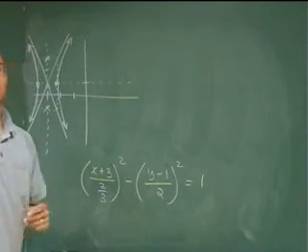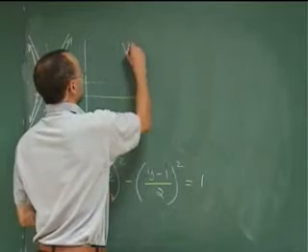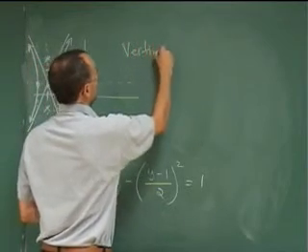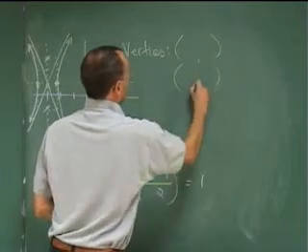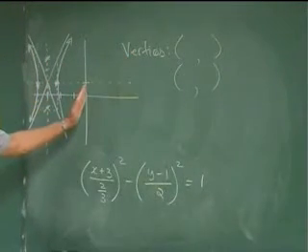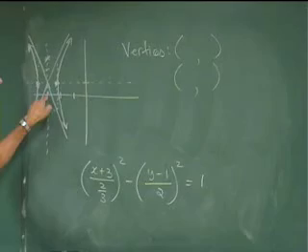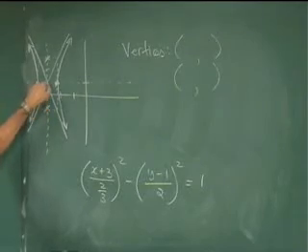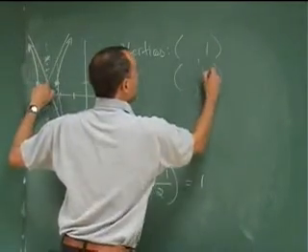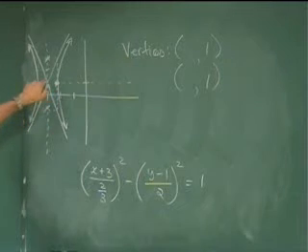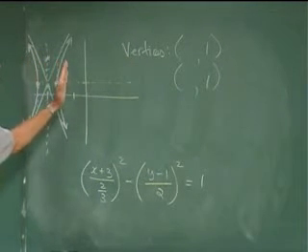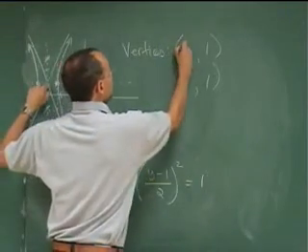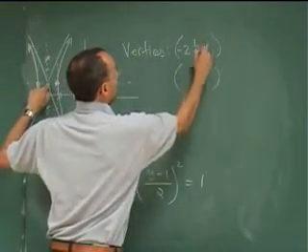Okay, let's rattle off some of the important information like the vertices. The center here was 1, 2, 3 to the left and up 1. So I know the y value for my vertices, that's 1. Now from this -3, I've gone 2/3 to the right, so I'm going to be at -2 and 1/3.